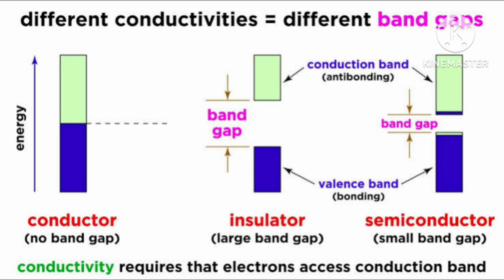Their conductivity is increased by adding an appropriate amount of suitable impurity. Here in these semiconductors, if you mix some suitable impurity, then its conductivity can be increased.